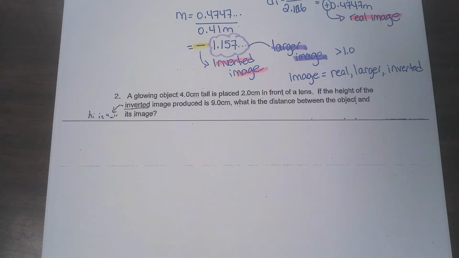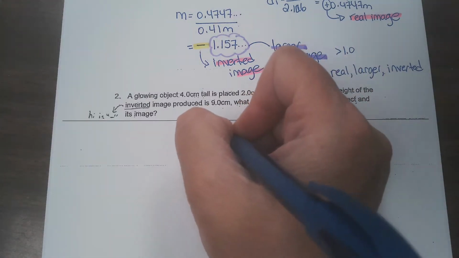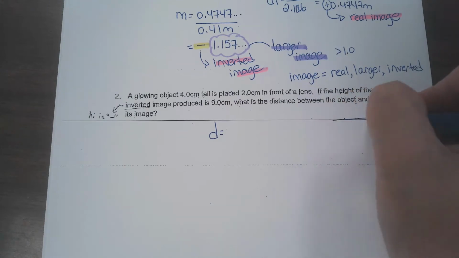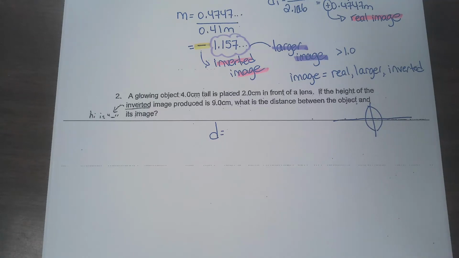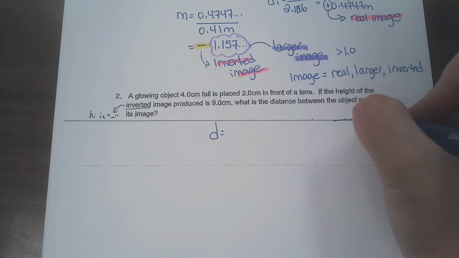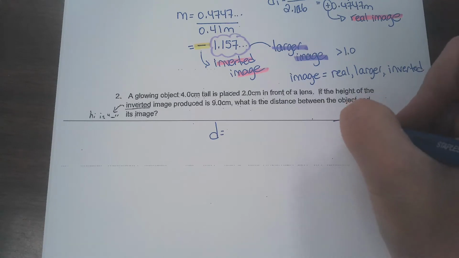Let's look at this one. A glowing object 4 centimeters tall is placed 2 centimeters in front of a lens. If the height of the inverted image, HI, is produced as 9 centimeters, what is the distance between the object and its image? The distance between its object and its image, well, we need to remember, I don't know if it's converging or diverging, but it's from the optical center out.